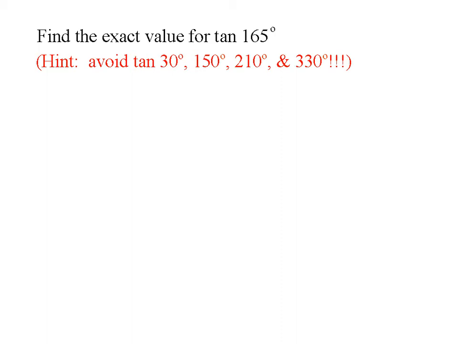So for this one, for 165 degrees, you might have to think a little bit about this. We're going to use some bigger values. So I'm going to use 120 degrees plus 45 degrees. And those don't fall within those values we want to avoid. So we should be okay. So this is going to be tangent of 120 degrees plus 45 degrees.